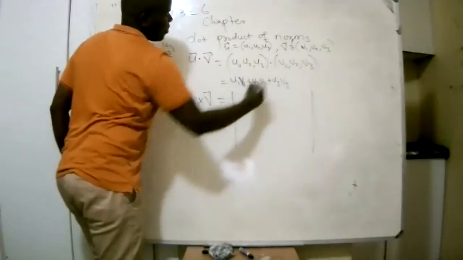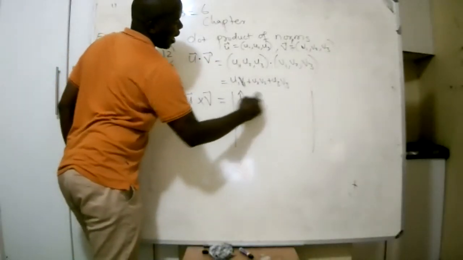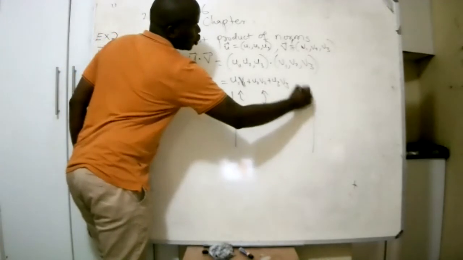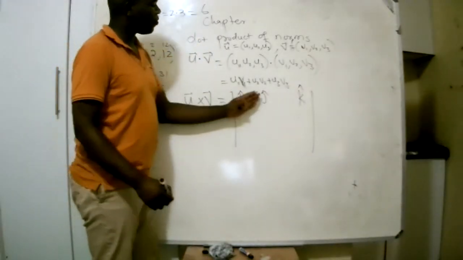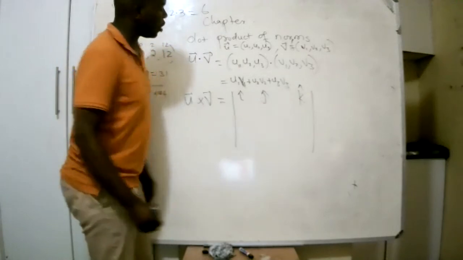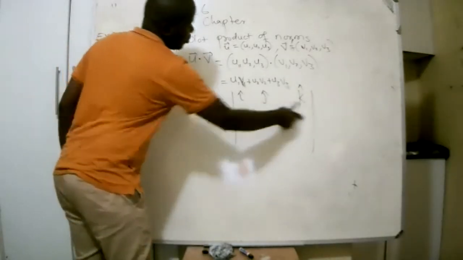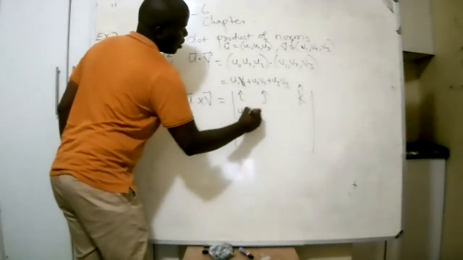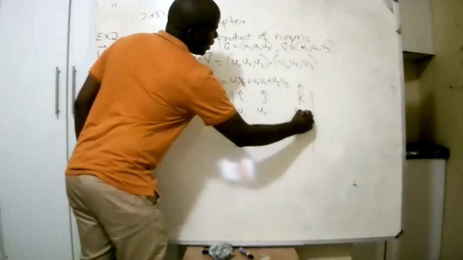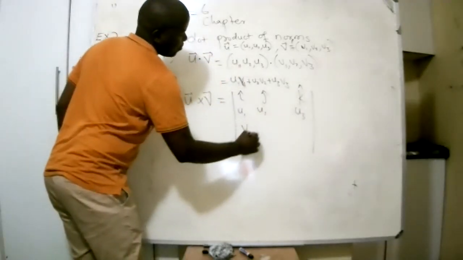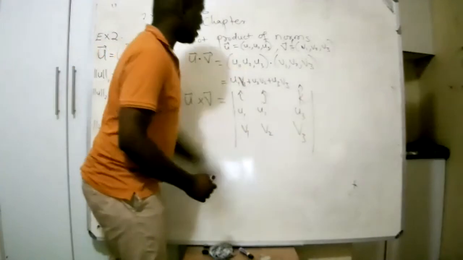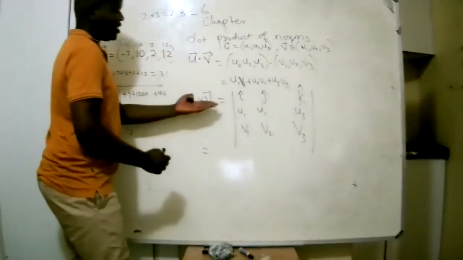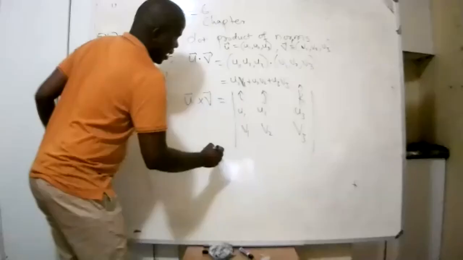We are going to have a determinant like this, where the first row is going to be given by i, j, and k. These are the directions: this is the direction on x, this is the direction on y, and that is the direction on z. On the second row, we're going to put u1, u2, and u3. And on the last one, we're going to have v1, v2, and then v3. We can use the determinant to find that.